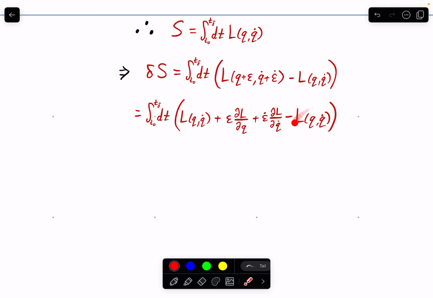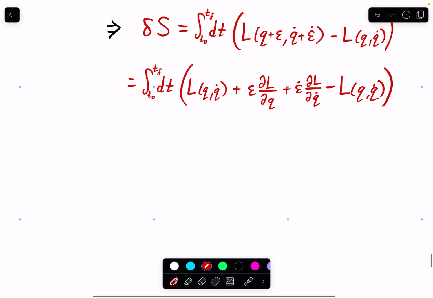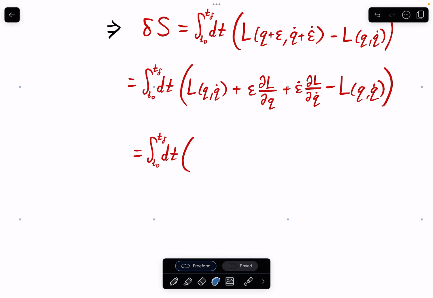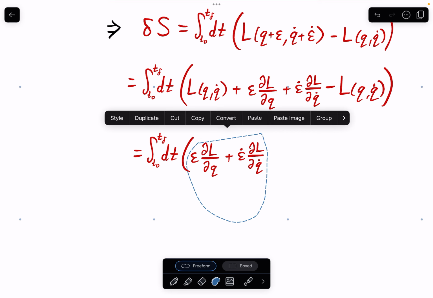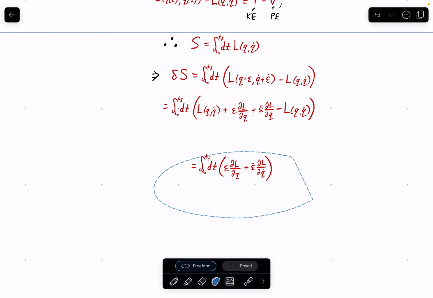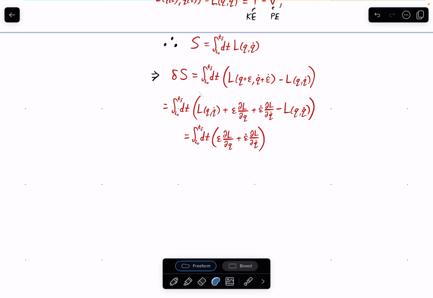So obviously these two factors cancel out. So we get the integral over time of this right here. And we can simplify even more.